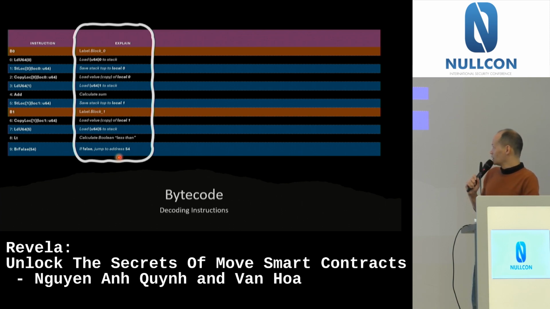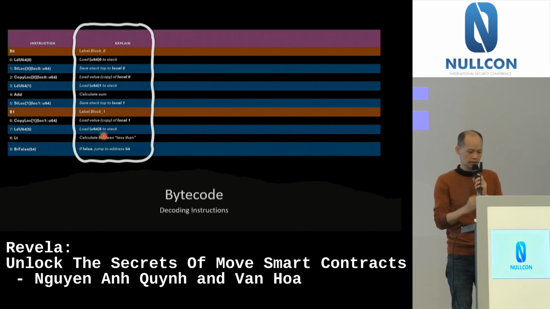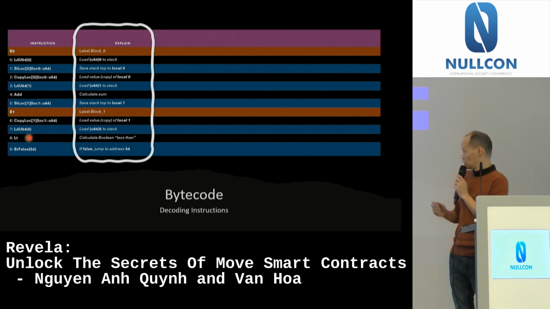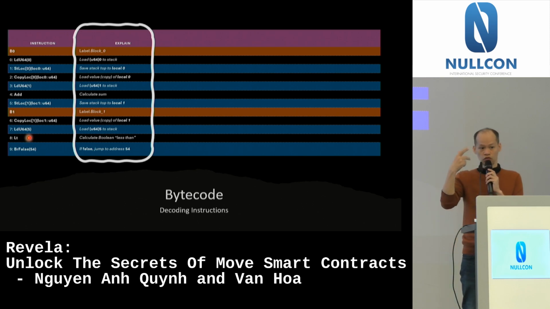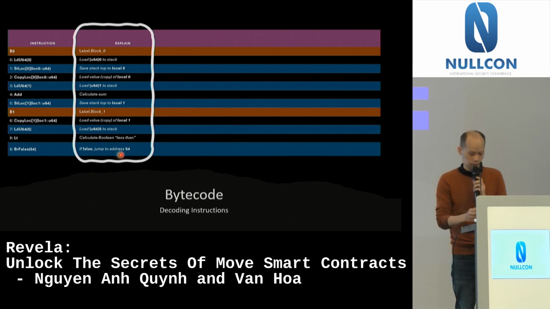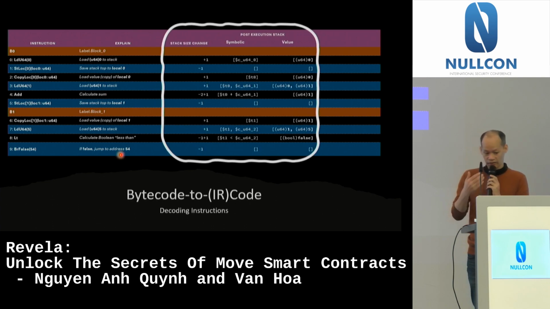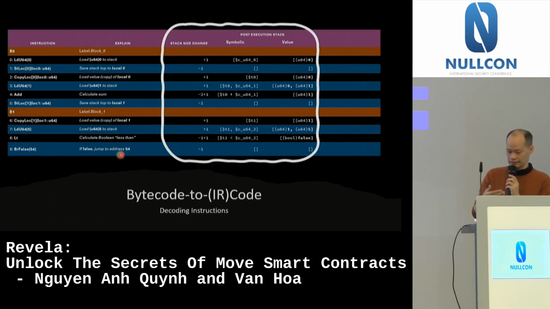After that, it loads constant number 5 to the top of the stack, and at instruction 8, it pops out these two values from the stack and compares them. Based on the result, it can go to the address 54 if the result is false. So we understand every instruction in these two blocks and what they do.